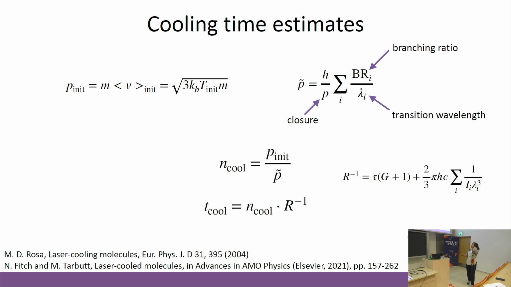In particular, in the edges, we have the branching ratio, which is basically the transition probability divided by all possible exit channels from the level. Plus the difference of the energies. So those are two properties sitting in the link.